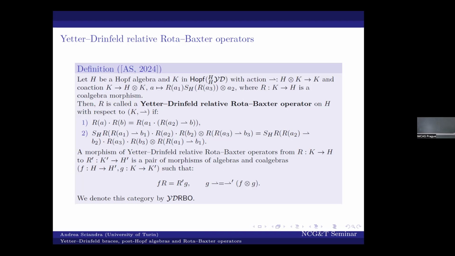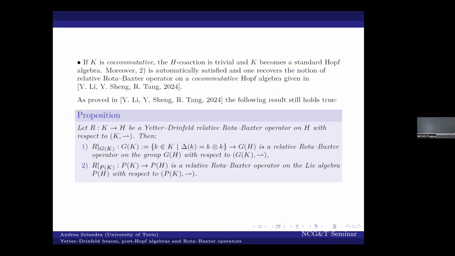And in fact, when your K is co-commutative, then K becomes a standard Hopf algebra, and T2 is automatically satisfied, as I said before. And so one recovers the notion of Rota-Baxter operator on co-commutative post-Hopf algebras.